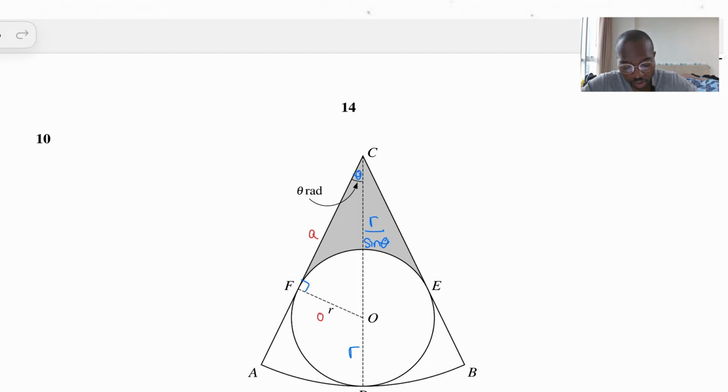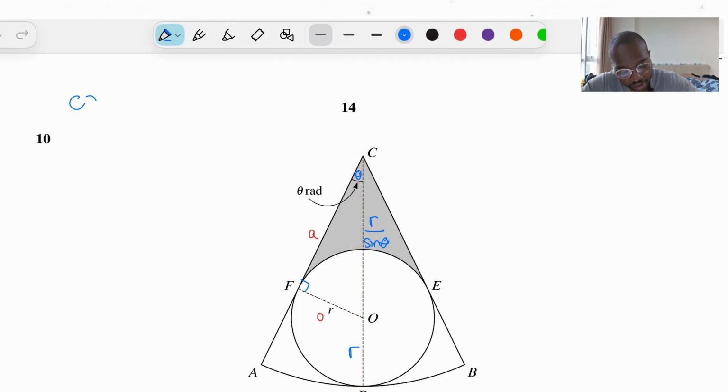Well, we know what CD is. We know what this length is. We already worked this out in the previous question. We know that that was R over sine theta plus R. And what else do we know about CD? Well, because CAB is a sector of a circle with center C, we actually know a very key thing.